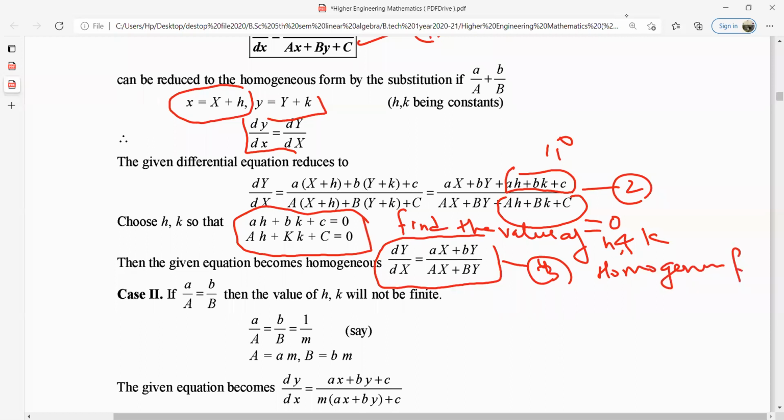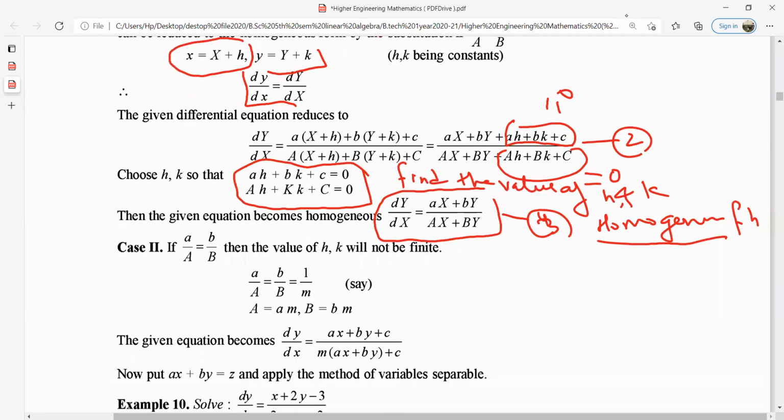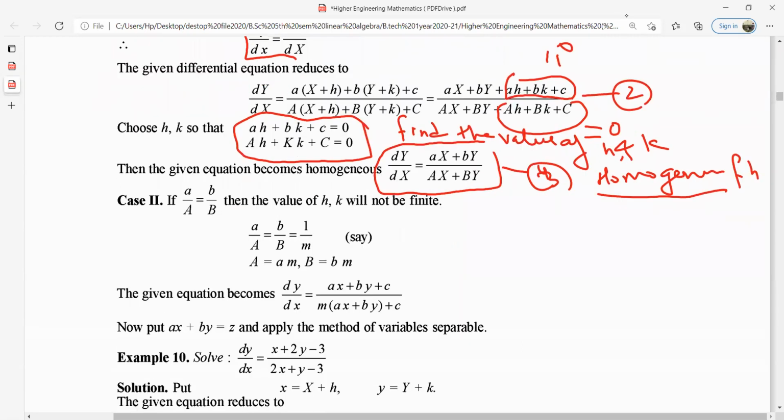Homogeneous form. We know that what is the working process of the homogeneous differential equation. You have to just remember those steps. If any equation convert in your homogeneous differential equation, after that you have to just check out the order of the above function, sorry, the degree of the above function and the degree of the lower function are equal.